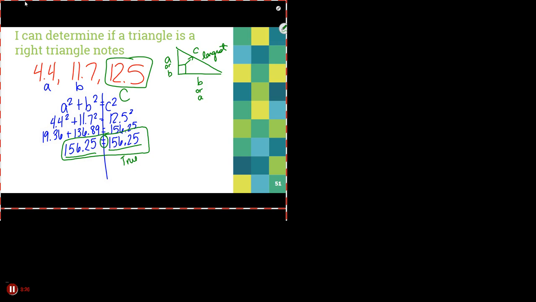So what that means for us is, yes, it is a right triangle. If I built a triangle that has a side C with 12.5, side A with 4.4, and another side length with 11.7, we would have a 90-degree angle in there. So yes, it does make a right triangle.